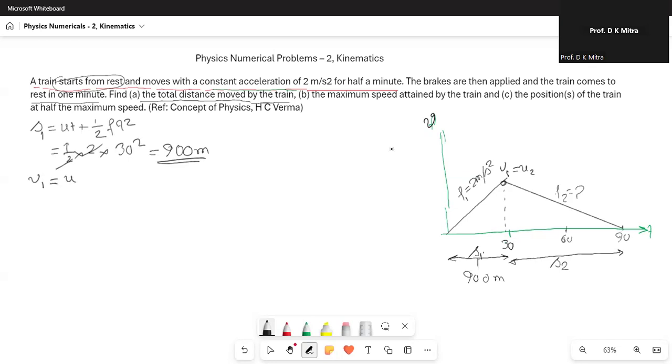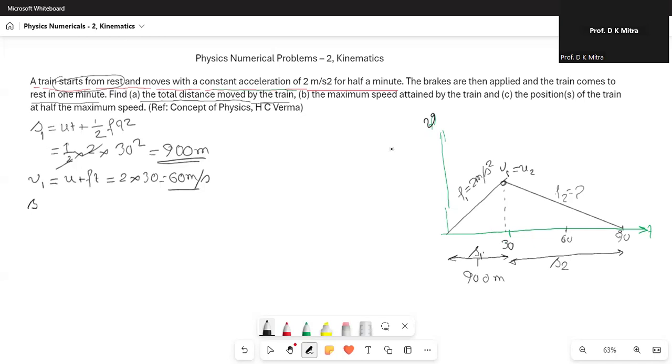V1 is equal to u plus ft. Once again, it started from 0. So f is given 2 and 30 seconds. So it is 60 meters per second. So in the second phase, the starting velocity is 60 meters per second and final velocity is 0 because it says it comes to rest.